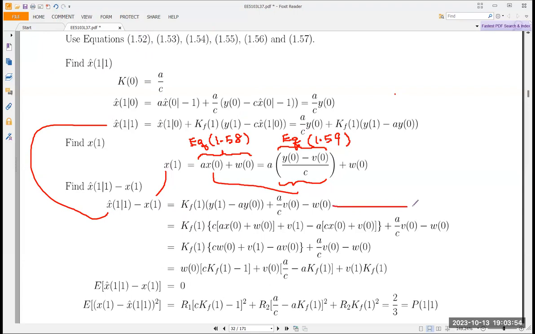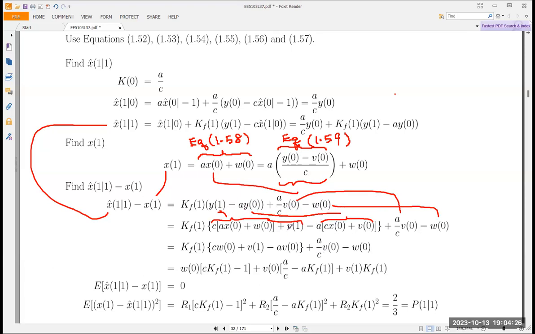I just help you a bit. This term stays here. This term also stays here, so it's easy. Now, this is replaced by this. No, it's replaced by this. And then this is replaced by this.